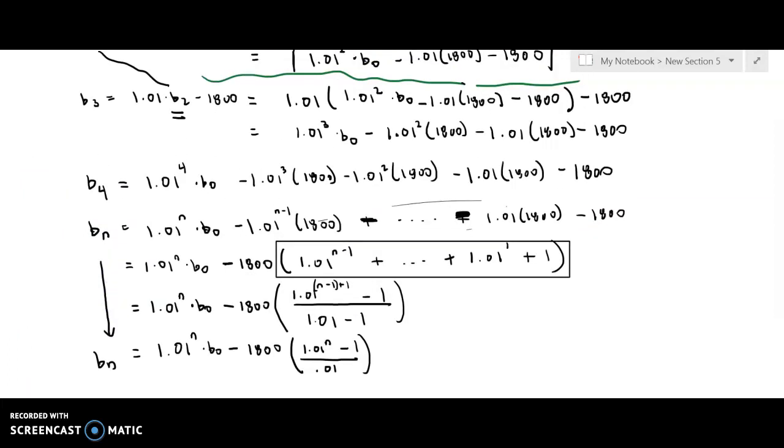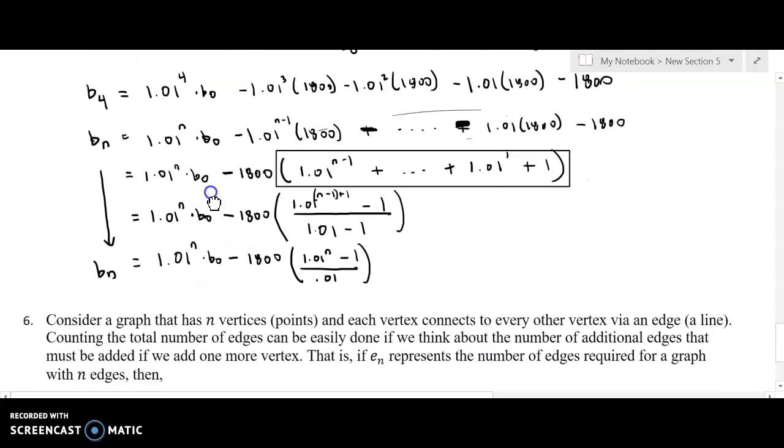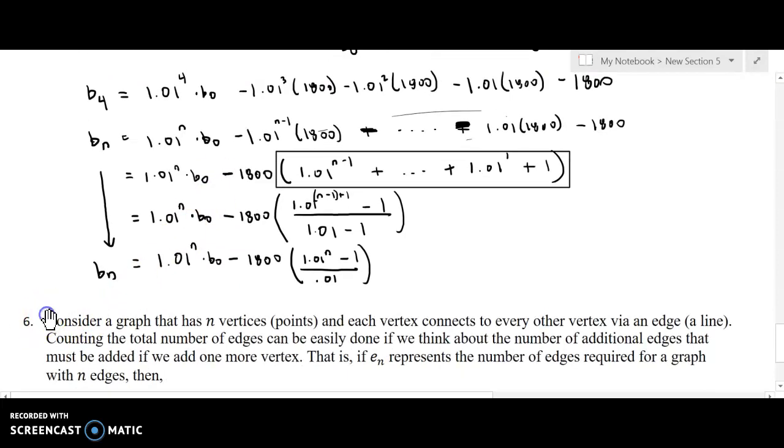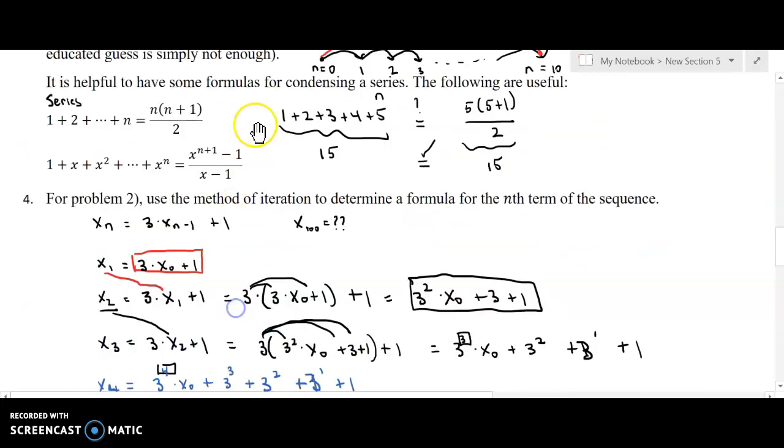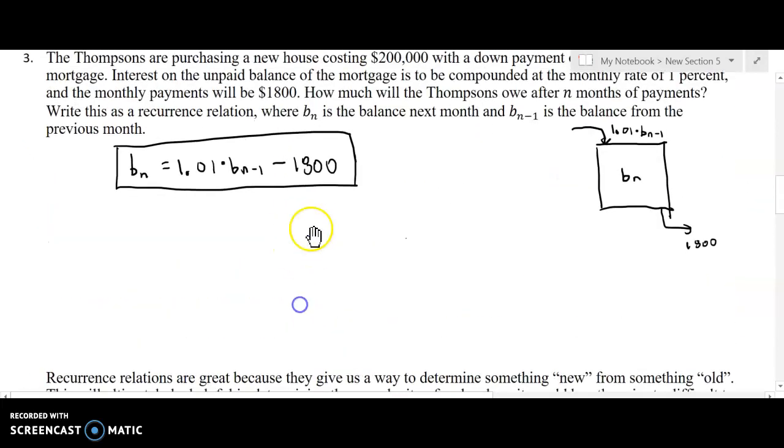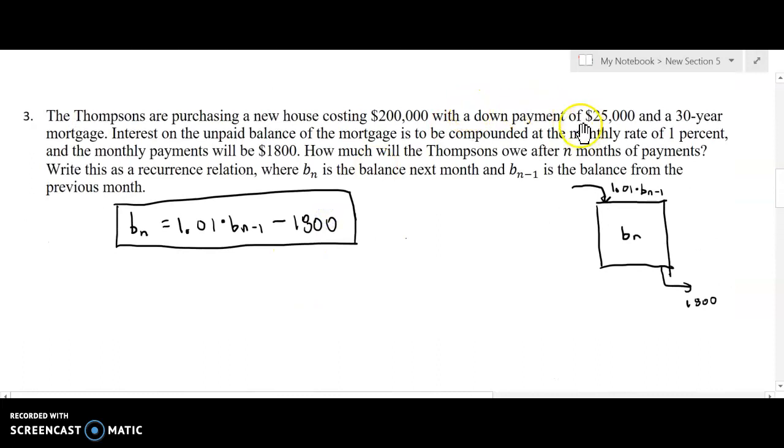And that's it. So now I can use, just like in the previous example, I could figure out the balance after any given month that I am interested in determining the balance at. And to do that, we first need to plug in our initial value. So let's think about this. Our b naught from the problem is we have a $200,000 mortgage that the Thompsons are looking at. And that $200,000 mortgage is going to have a $25,000 down payment.